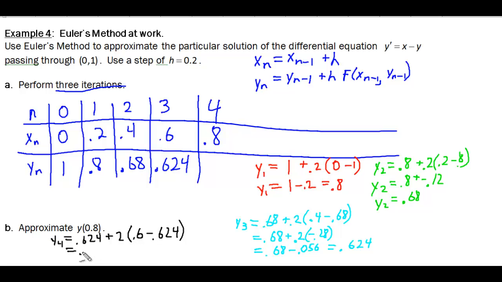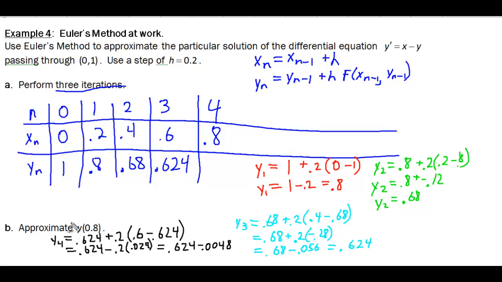So we get 0.624 minus 0.2 times 0.024, which is 0.624 minus 0.0048.